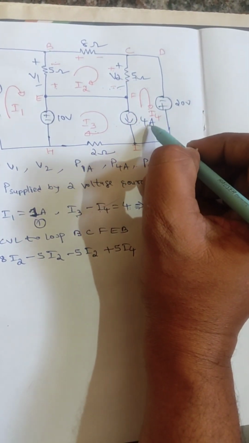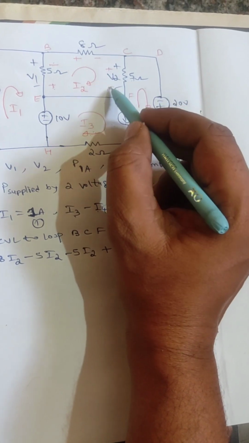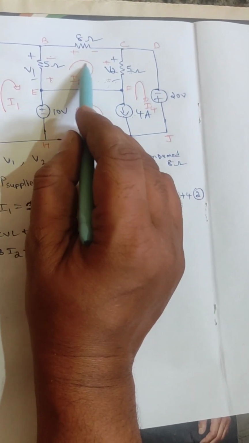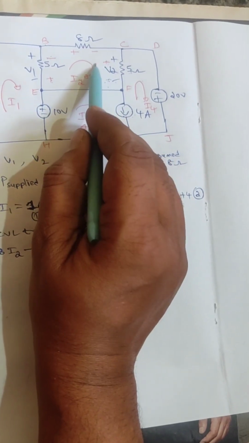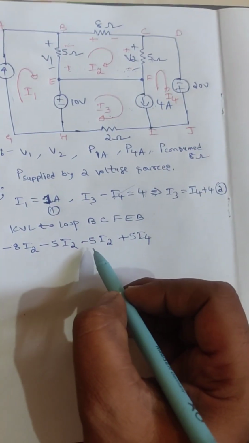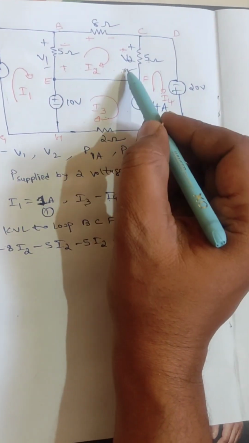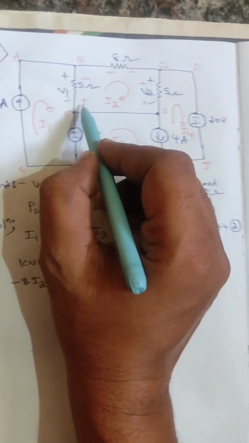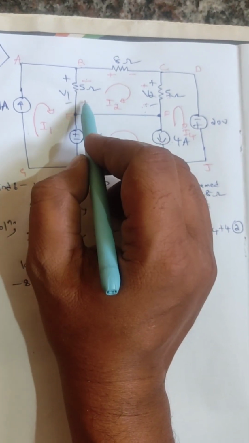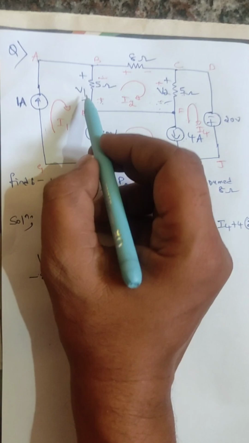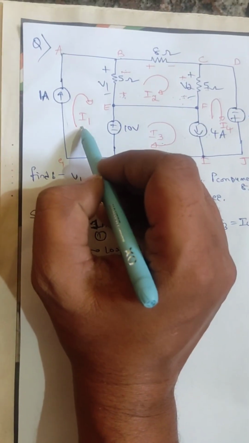See, with respect to this polarity, the I2 current is also flowing here. But see the direction, current is passing from plus to minus. If current flows plus to minus, you write negative. And if the current flows from minus to plus, you write positive. Now coming to this resistor, we already wrote for this polarity, current flowing from plus to minus means drop, minus 5 I2. What about the other current? The other current is I1.